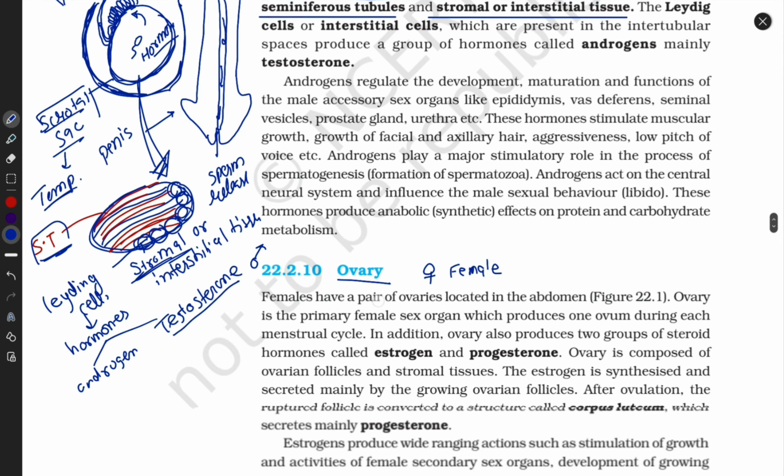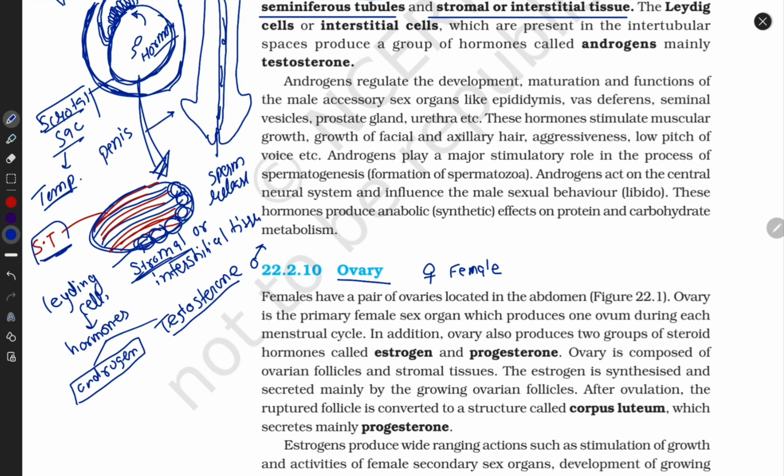Let's start one by one with the hormones. First, we will discuss androgen. Androgen regulates the development. First, responsible for the development of which organ? The testes. Maturation, making them mature.